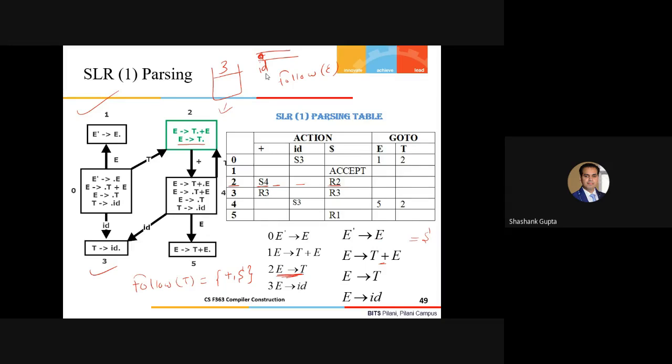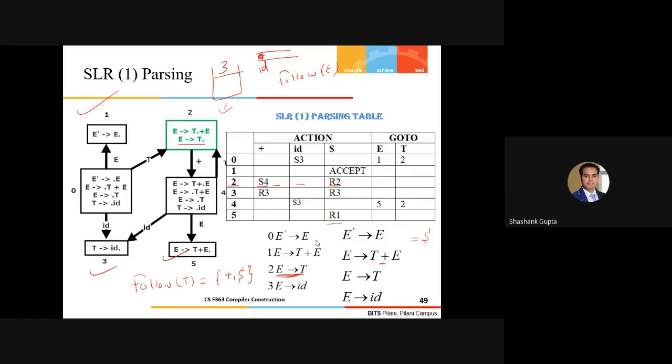This is what the SLR parser says. Is this clear, guys? Similarly, with respect to state number 5 also, follow of E again is dollar here, so that's why we have written rule number 1 only under the dollar sign here. Any questions, guys, up to this point?